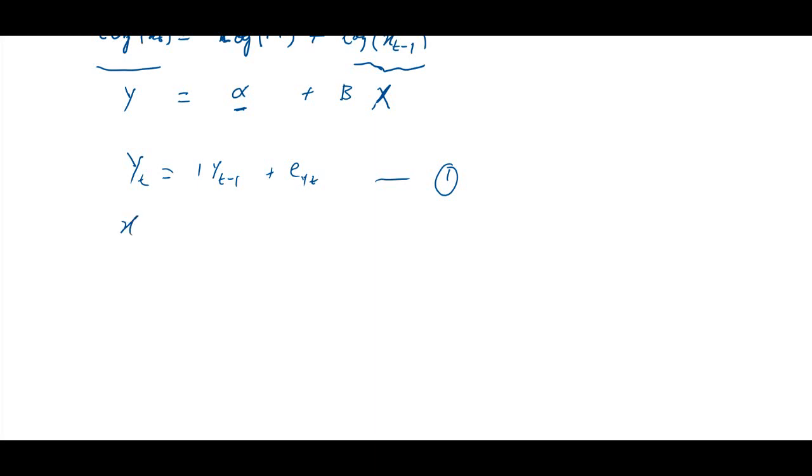Then again we generate another series, which we call xt, and xt is equal to xt minus 1, again with a unit root, plus e, the error term related to xt. So these two series are generated.